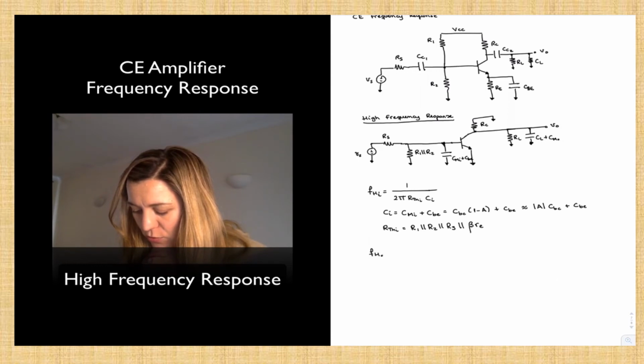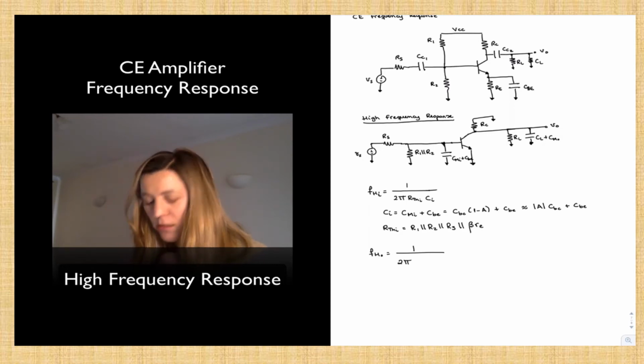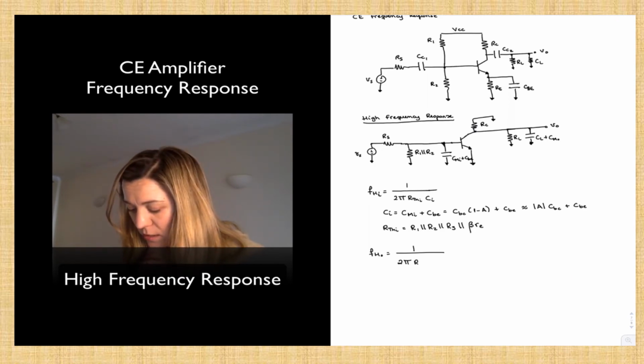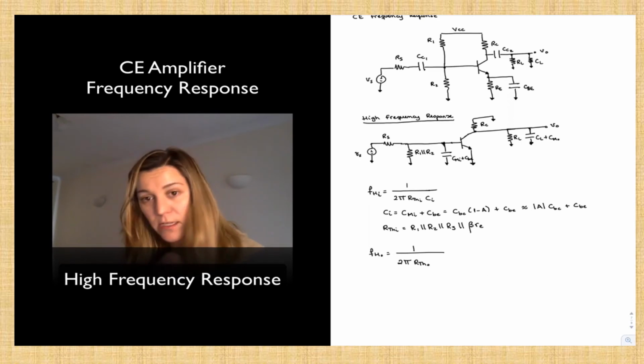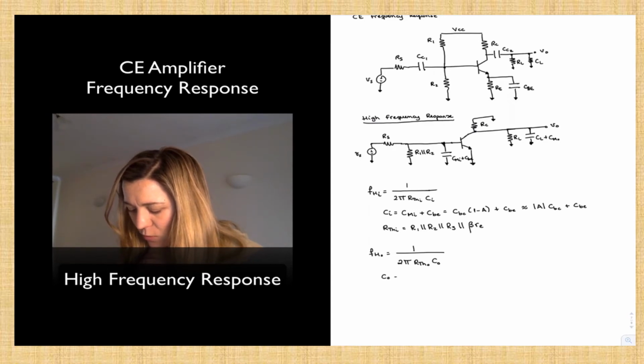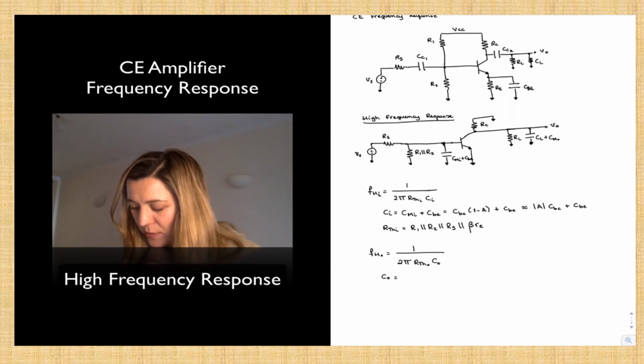I can reproduce that methodology for my output capacitance and come up with another high cutoff frequency due to the output capacitance: 1 over 2 pi R Thevenin seeing across the terminals of the output capacitance times the output capacitance, where my output capacitance is the combination of the load capacitance and the Miller output capacitance in this case, so CMO plus CL.